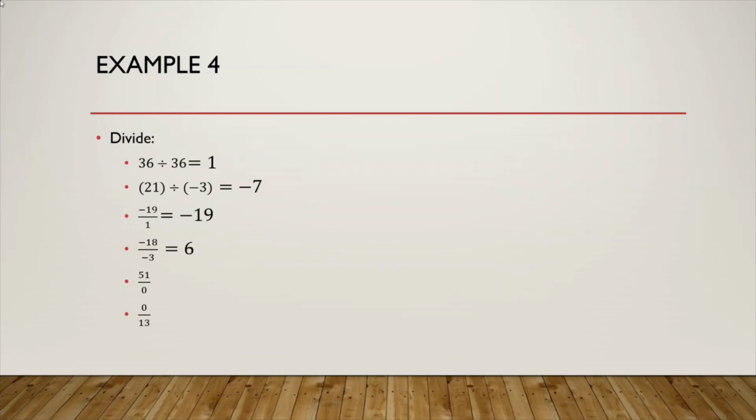51 divided by 0 is, because you're asking how many times does 0 go in 51 when you're dividing, and that doesn't make any sense. So it's what's called undefined. And undefined just means that you cannot define it.